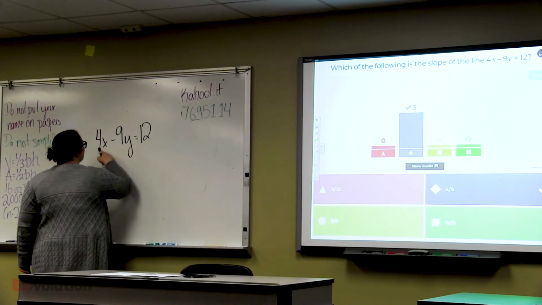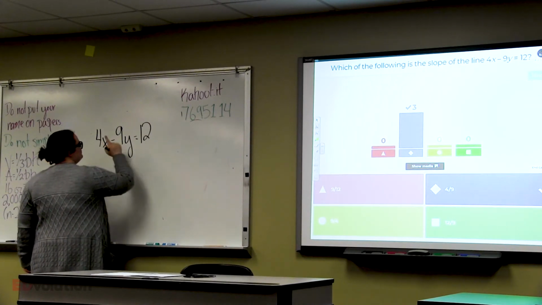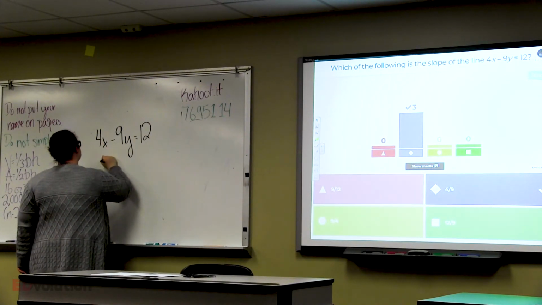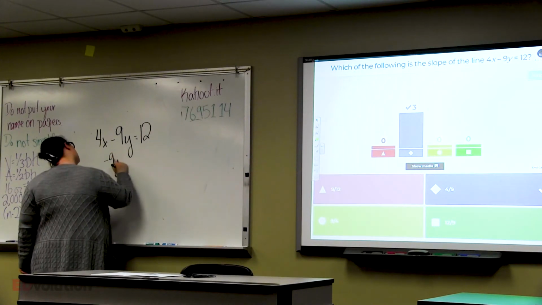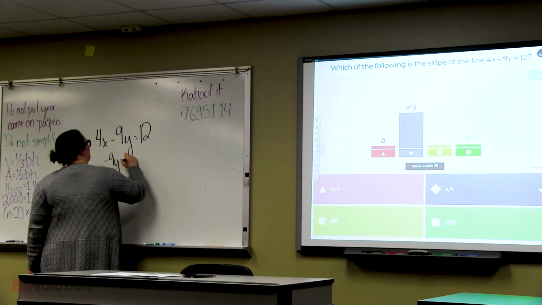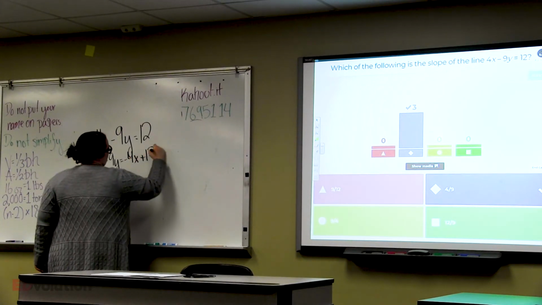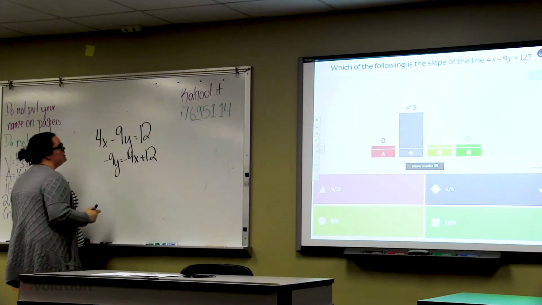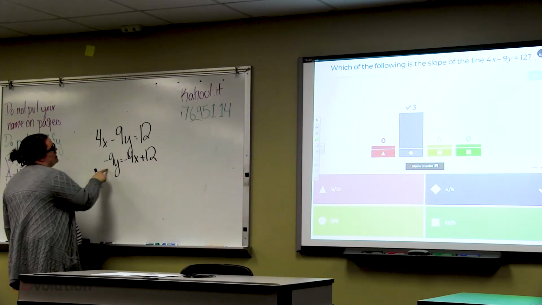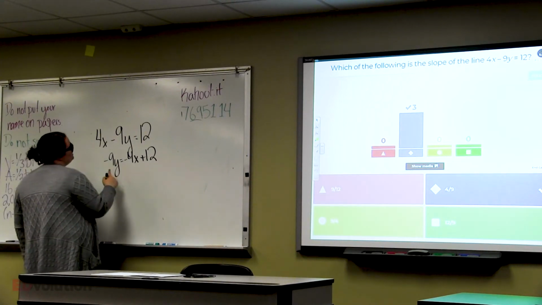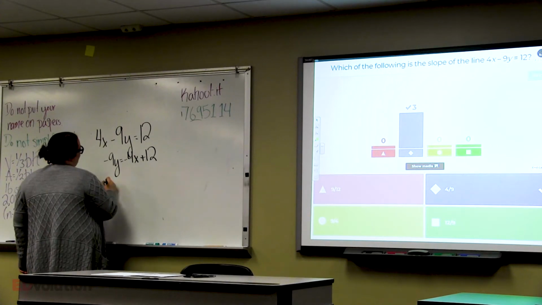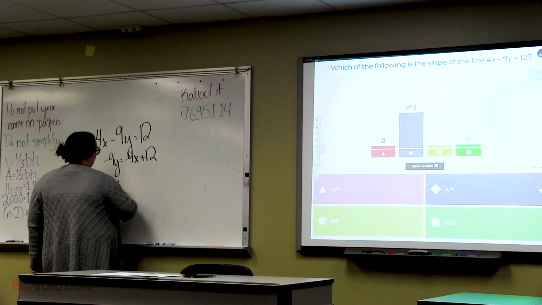So, in order to get rid of this 4x, we'd have to subtract it from each side. Alright, and then to undo this division, we would divide by 9, or negative 9.